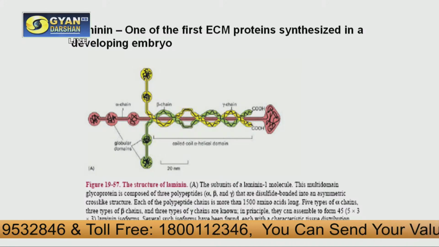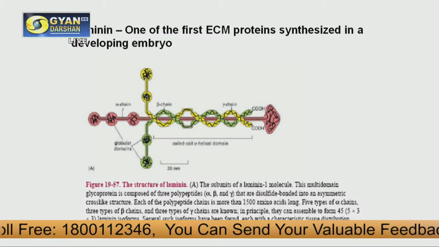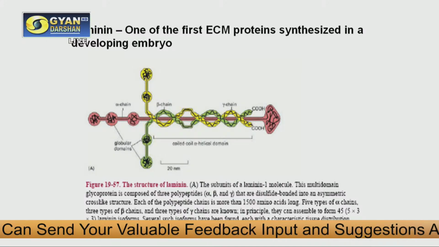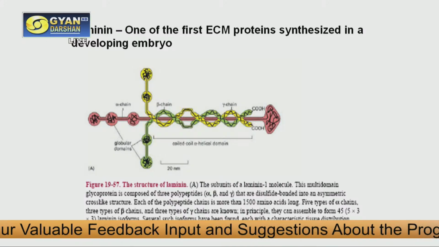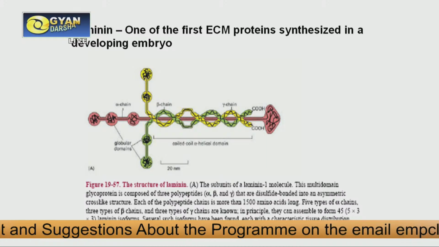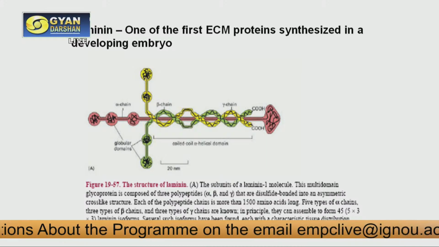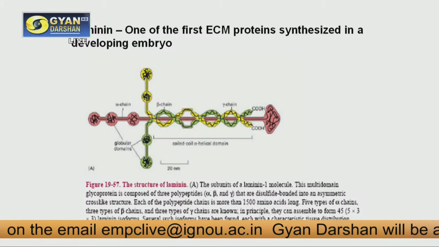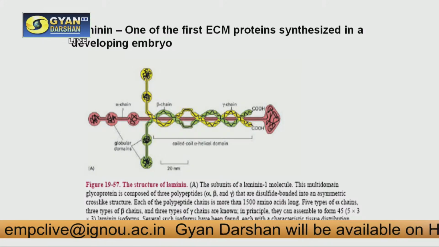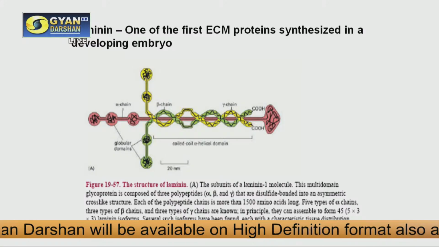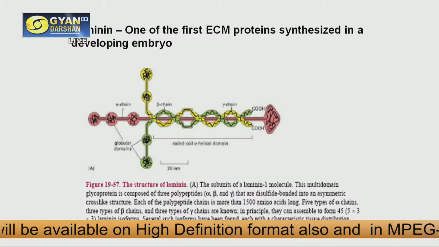It is a cruciform structure. If you take a careful look at the picture, you see it's a cross-like structure. The different chains are folded in such a fashion that they form a cross-like structure.